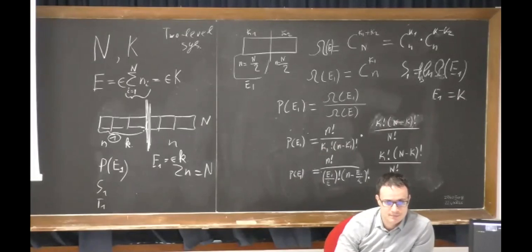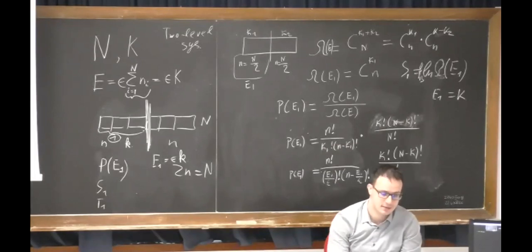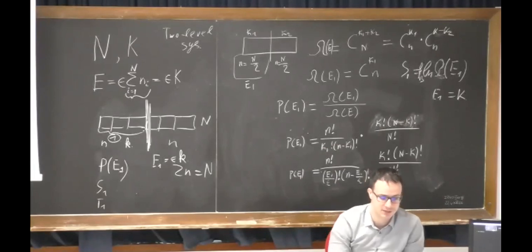Equals to 0, because I need to maximize entropy. That was a condition for what? For the most likely state. Yes. So the most likely state is by definition the maximum probability, and it's eventually also a maximum of entropy. Okay, so these things coincide, and that's why we try to find the derivative.